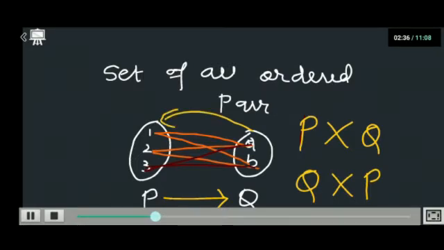Fine. Now let us see. I am sharing one image with you people. Let us see an example of Cartesian product. See this image.